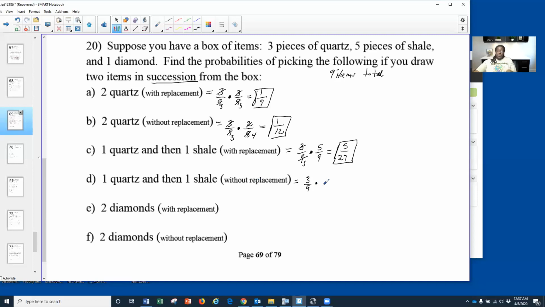So now remember, we're not putting that 1 quartz back in the box, but we still have 5 shells there, right? So we only pull a quartz the first time. So it's going to be 5, but now 5 out of 8, because it's only 8 items in the box now. Okay?